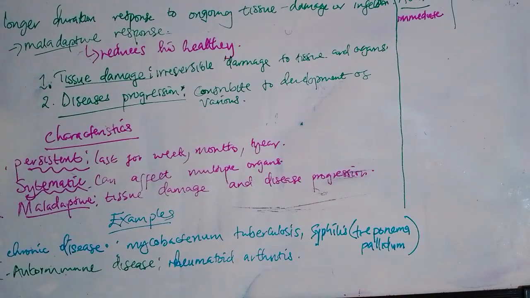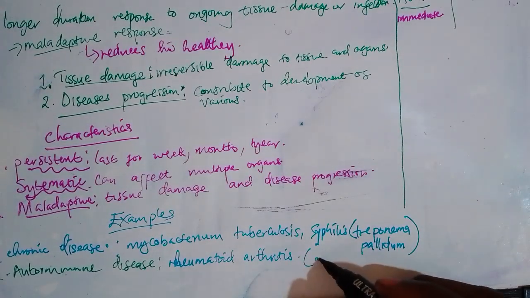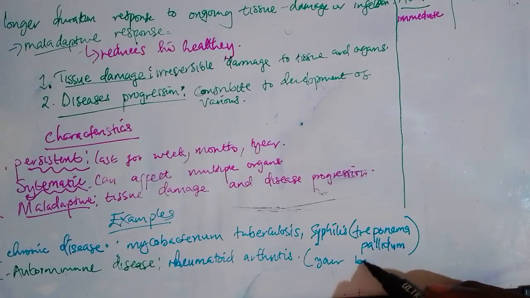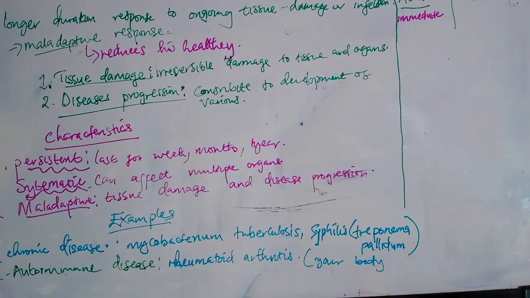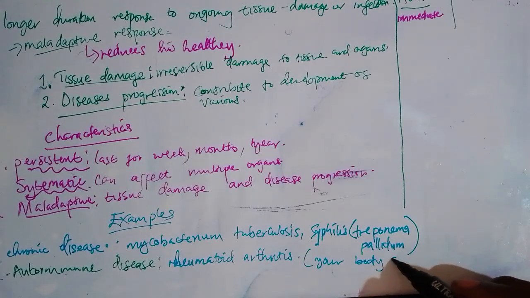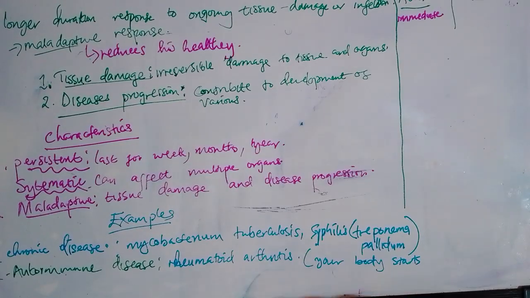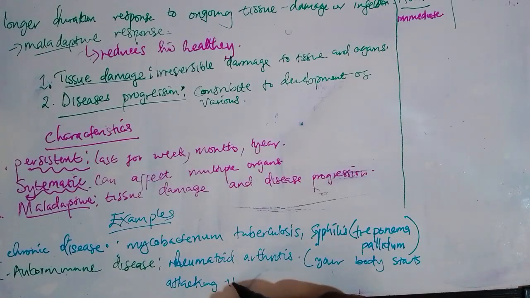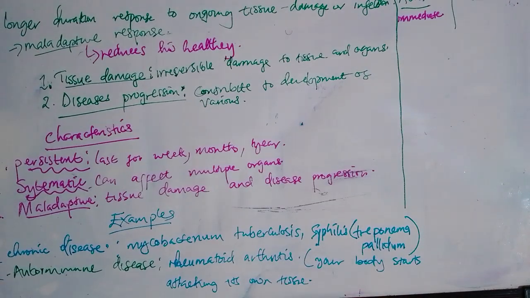So, rheumatoid arthritis is an autoimmune disease where your body starts to attack its own tissue. So your body starts attacking its own tissue. So that is the second example of chronic inflammation.